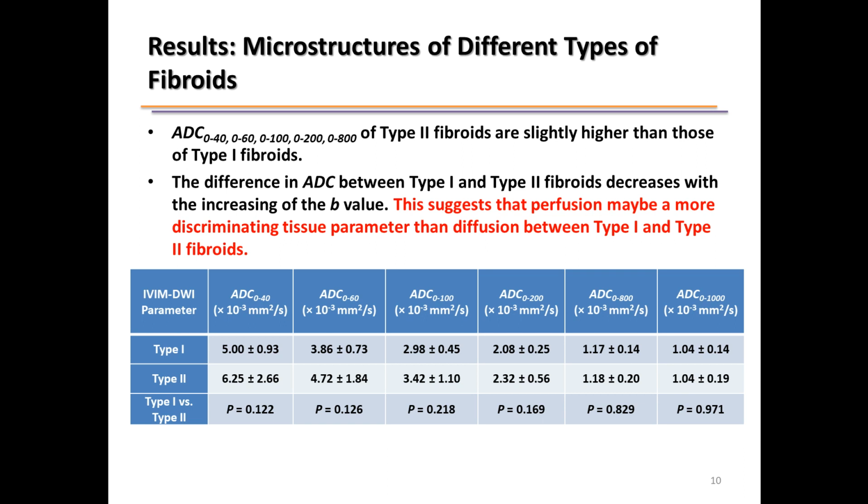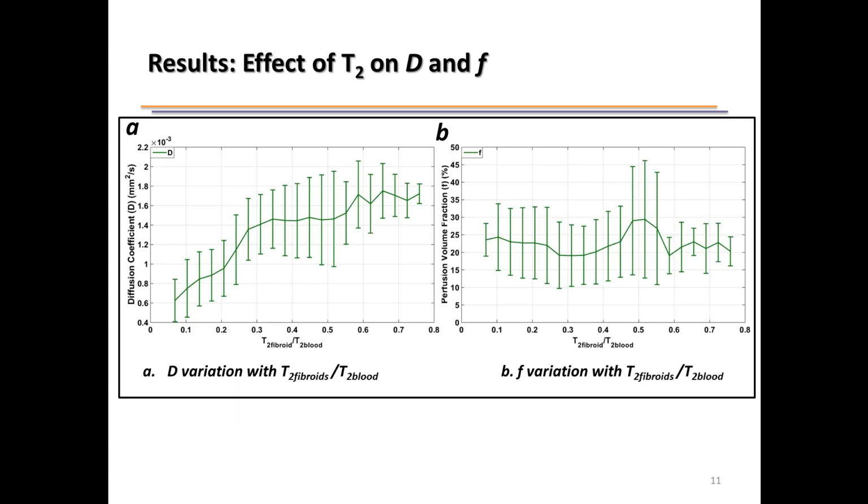As we know that the perfusion contribution in ADC decreases with the increase of the second b-value, this decrease suggests that perfusion may be a more discriminating tissue property than diffusion between type 1 and type 2 fibroids.